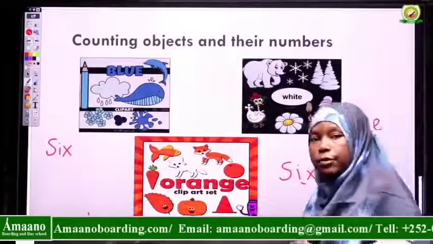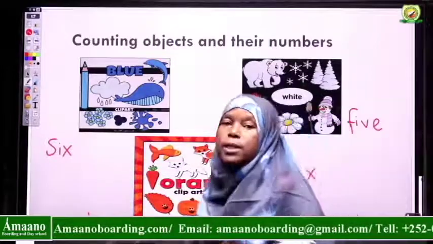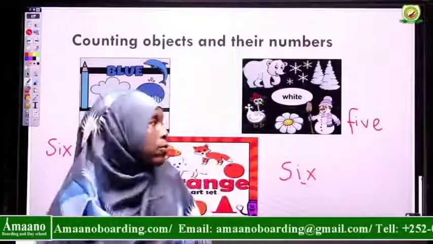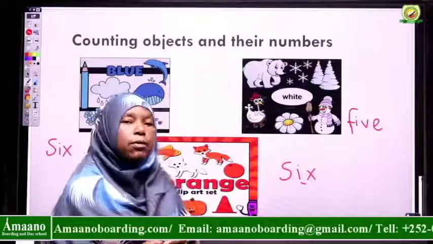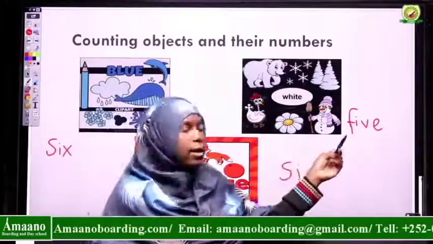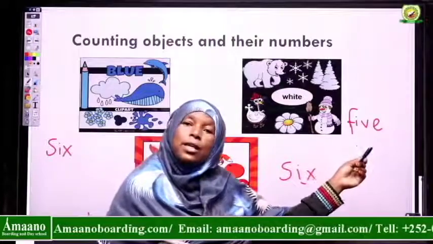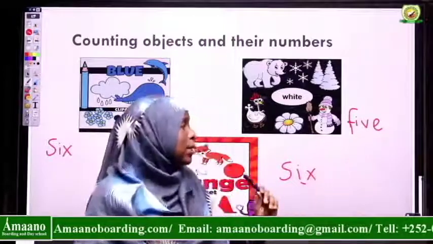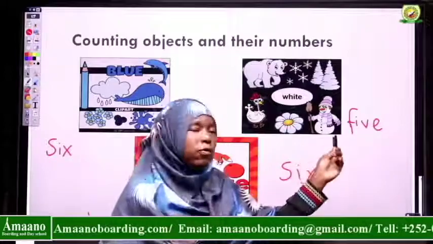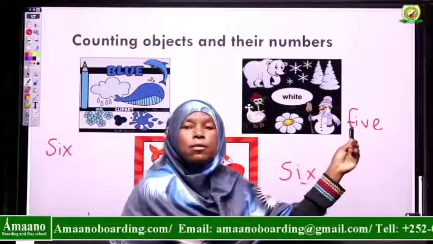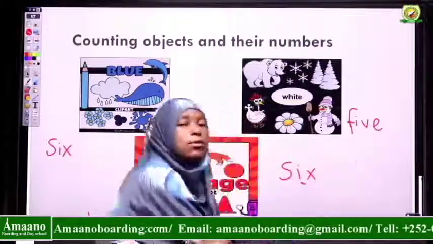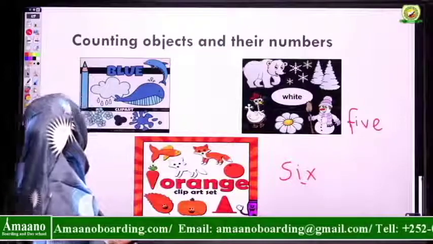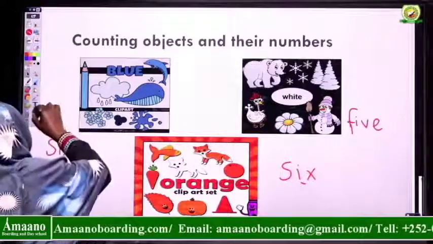Then we have 5. 5 is represented by the number pictures in white. So how do we spell 5? F-I-V-E. Again, I repeat, number 5 is F-I-V-E. So that is how we spell number 5.